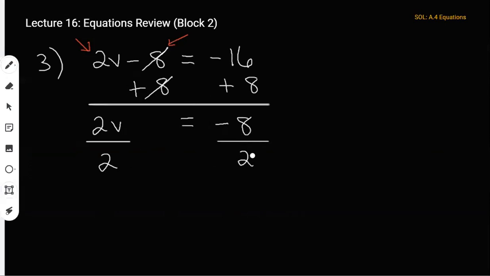That way, the 2's will cancel out on the left side and leave me with the variable v. And then on the right side, I have -8 divided by 2. That should give you -4. So -4 is going to be my answer. I'm going to put that inside of the solution set.